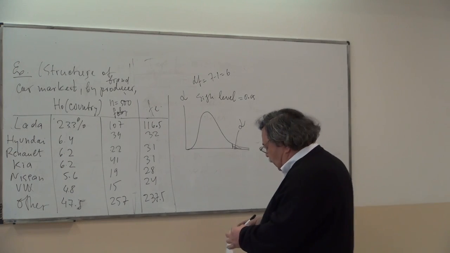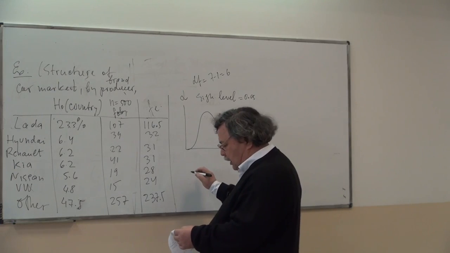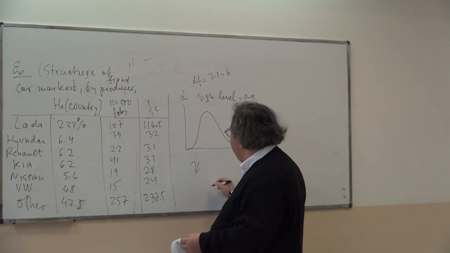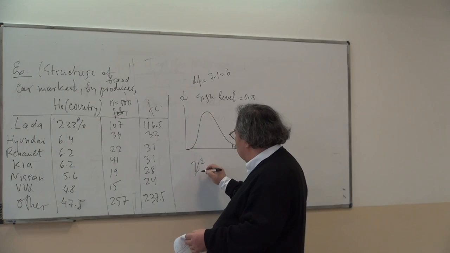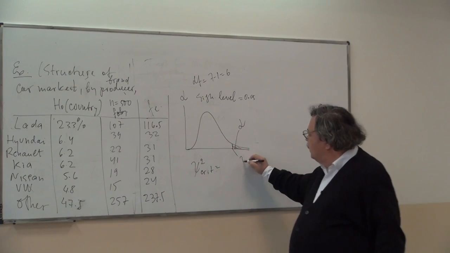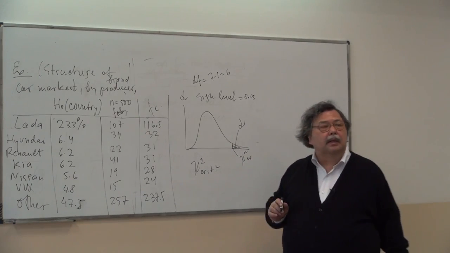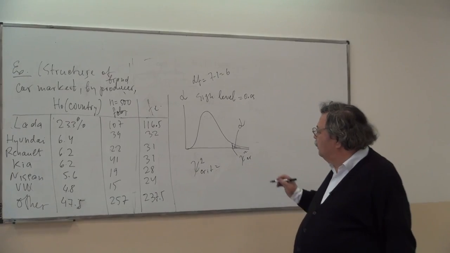By using this software or tables, we get this chi-squared critical, this point that cuts off the probability of alpha.